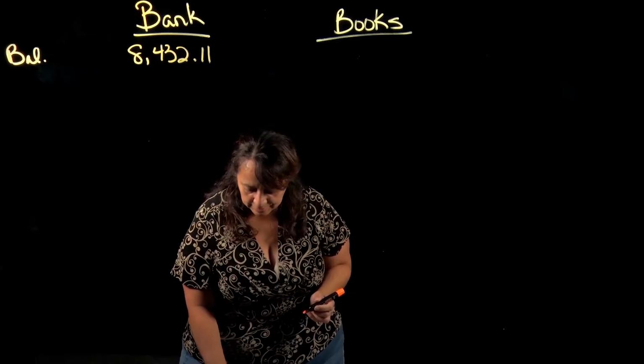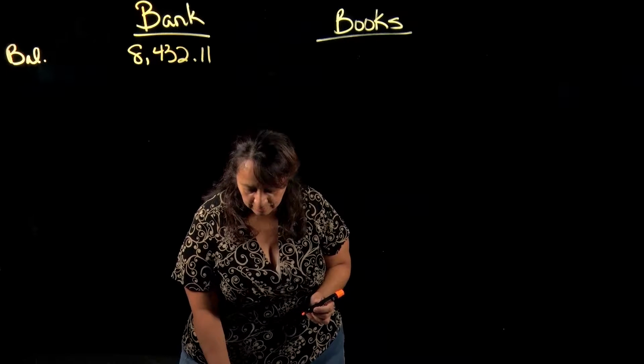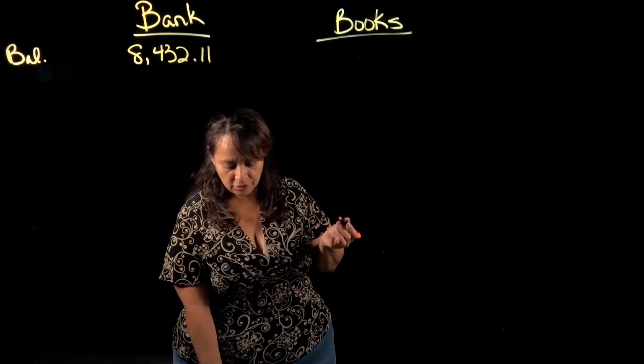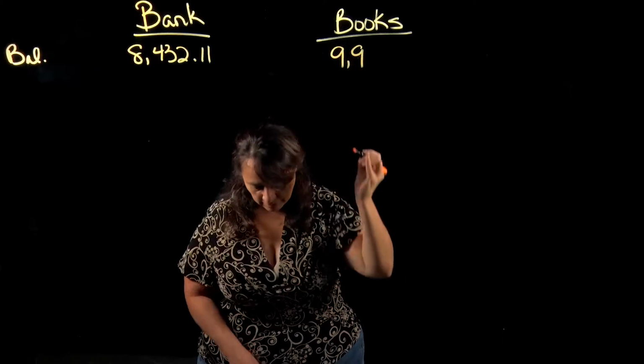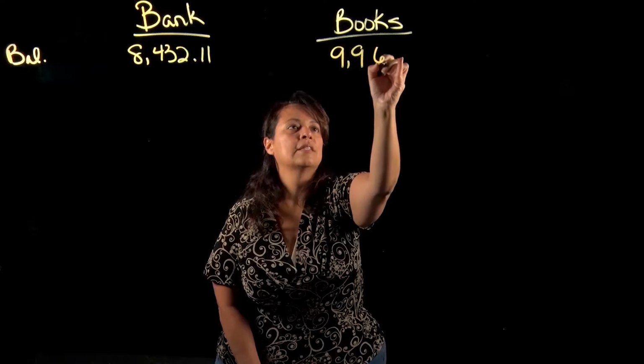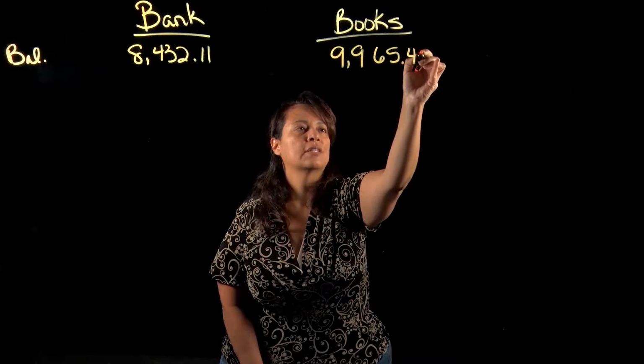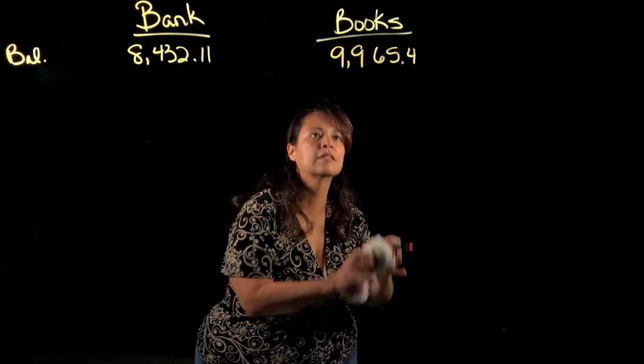In item D, it tells us that the cash account on the company's books shows a balance of $9,965.34. Oops, 34 cents.